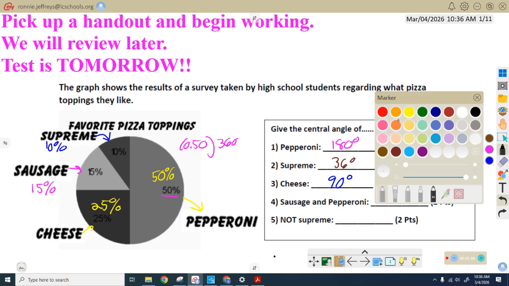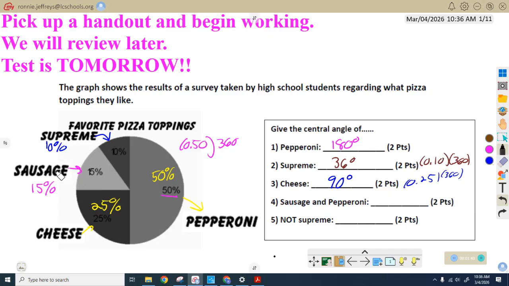Sausage and pepperoni. This would be 0.65 times 360. 234 degrees. Now, not supreme. Supreme is 10%, so not supreme would be the other 90%.